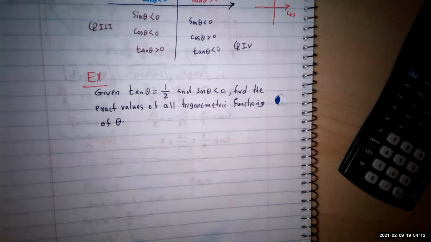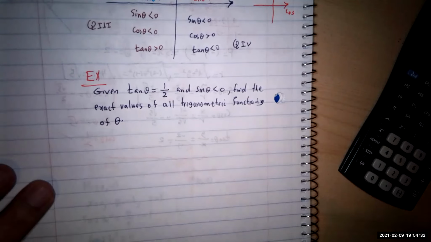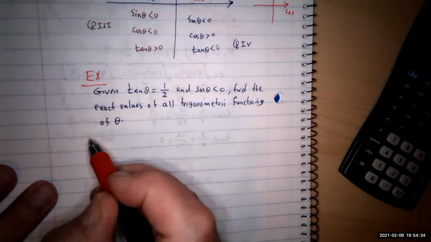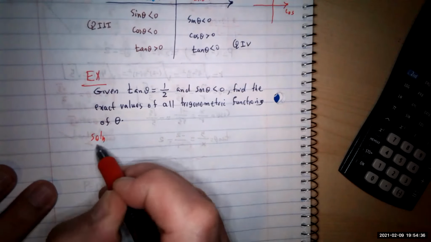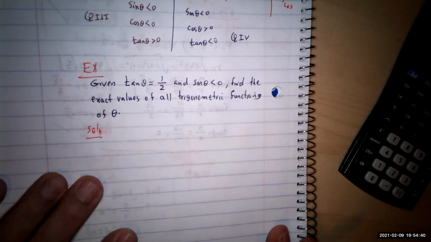That is going to be interesting. So what we are going to do, we have to locate the angle. In which quadrant is this angle? The solution is going to be in the third quadrant.